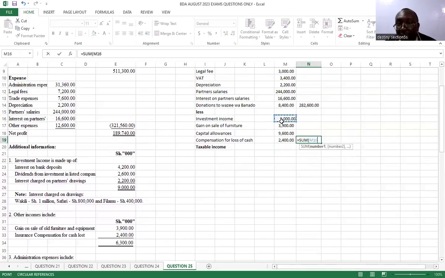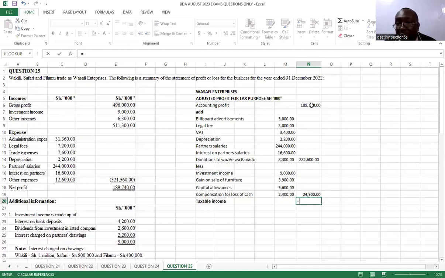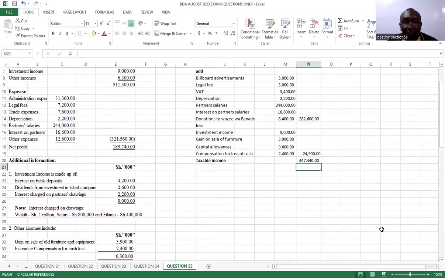So we are adding these three. You close the brackets, then you press enter. So this one then should be this amount plus this one minus this one.